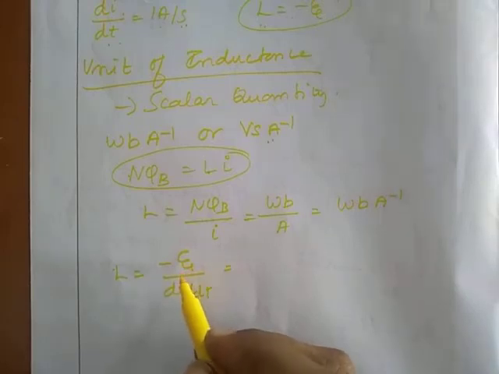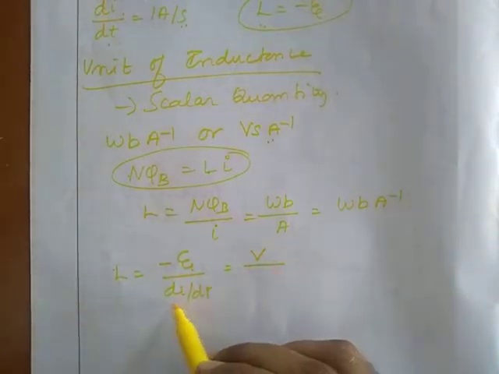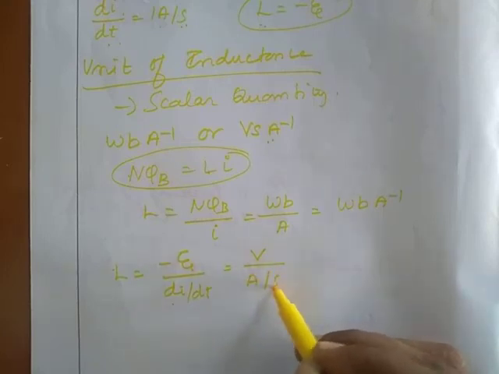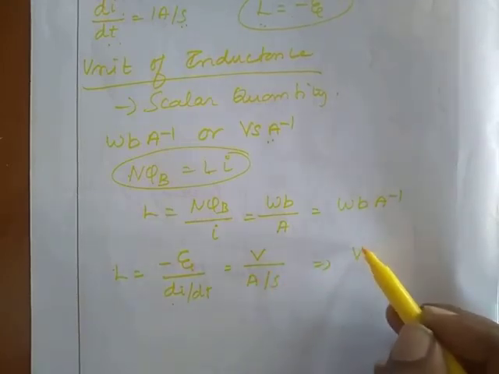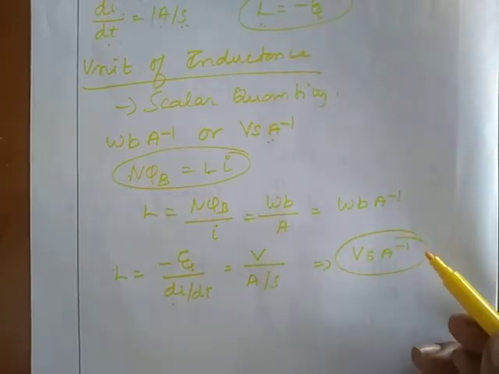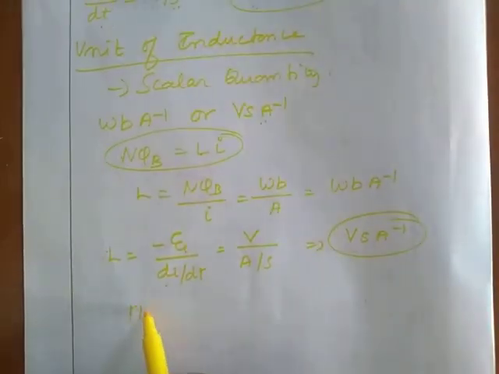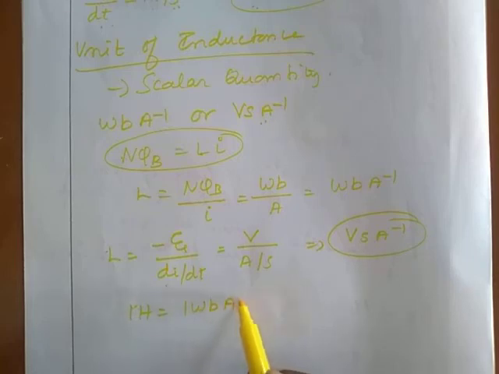Psi is an EMF, the unit of EMF is volt. Then unit of current is ampere, unit of time is second. Solving this we get volt second ampere power minus 1. We can write the general unit as 1 Henry is equal to 1 Weber ampere power minus 1, which is equal to 1 volt second ampere power minus 1.